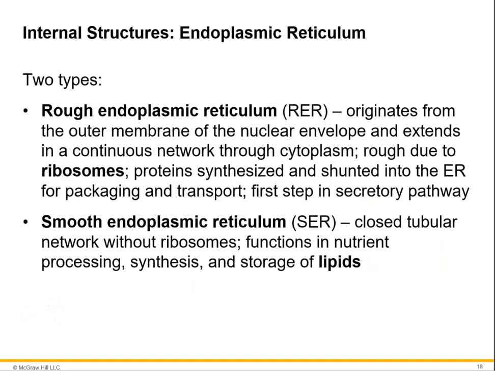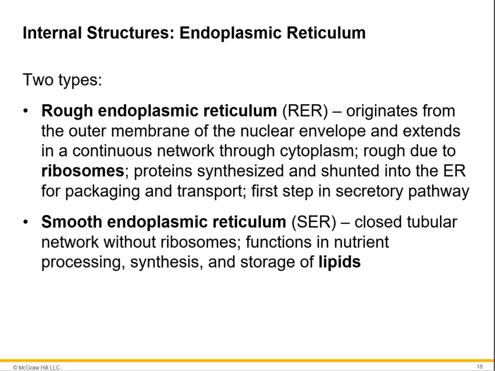Next you have the endoplasmic reticulum, which is kind of like this interconnected network of membranes. There's two types of endoplasmic reticulum. There's the rough endoplasmic reticulum and the smooth endoplasmic reticulum. The rough endoplasmic reticulum appears rough because there's a whole bunch of ribosomes embedded in its membrane.